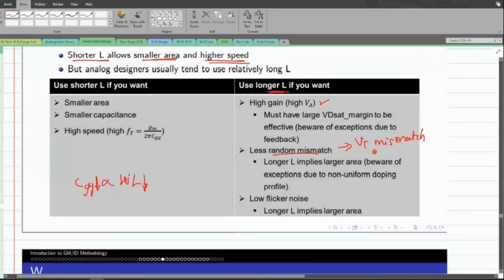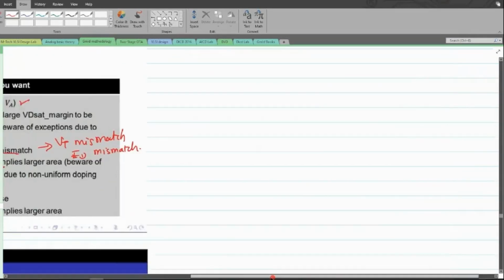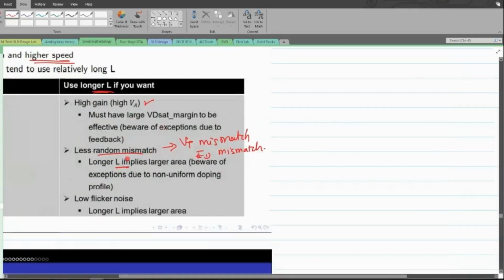And the other one is the current mismatch. These are the two different mismatches, and both are stepped down by increasing the channel length. So whenever you deal with differential amplifiers or current mirroring circuits, you need to have larger channel length transistors in order to reduce the mismatch between the two transistors.